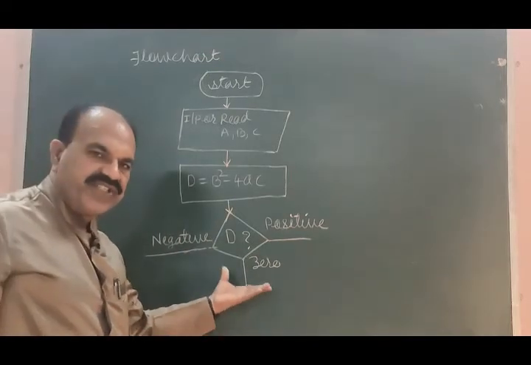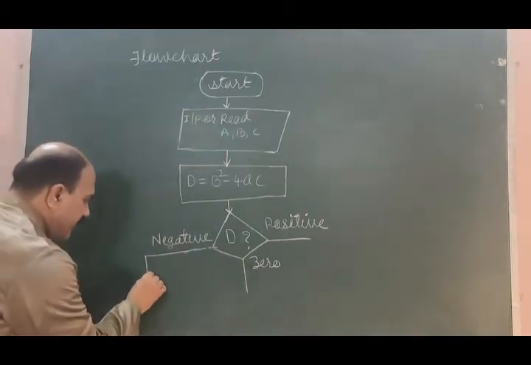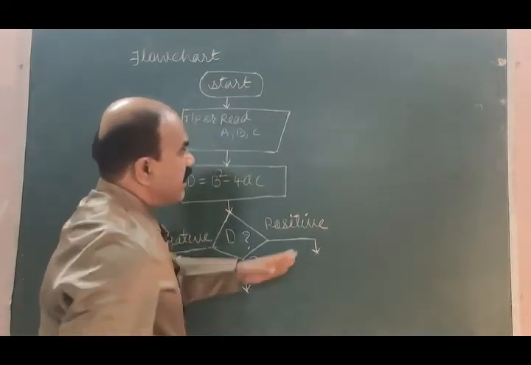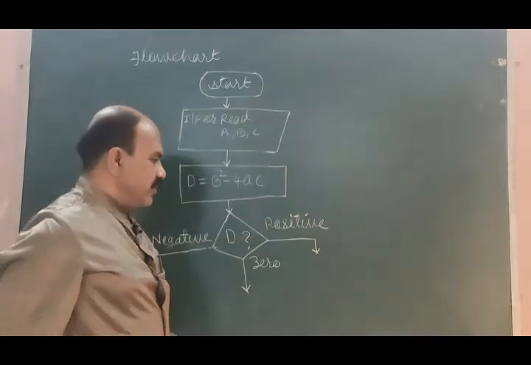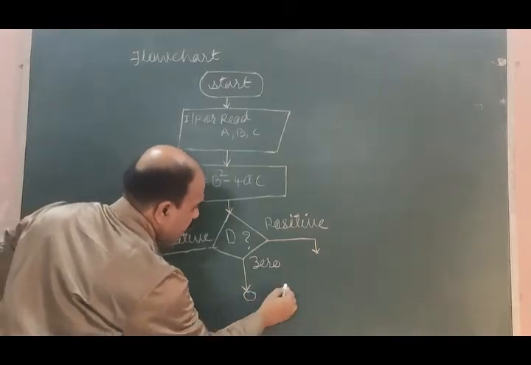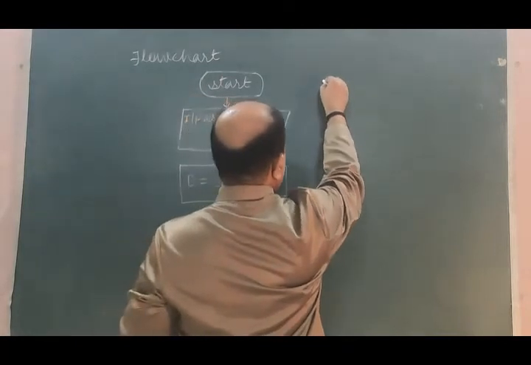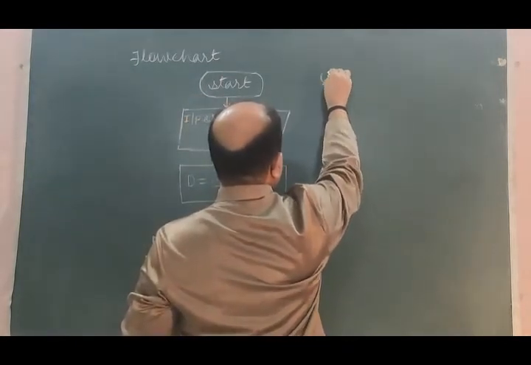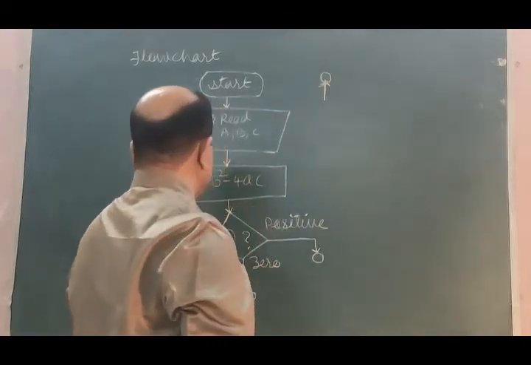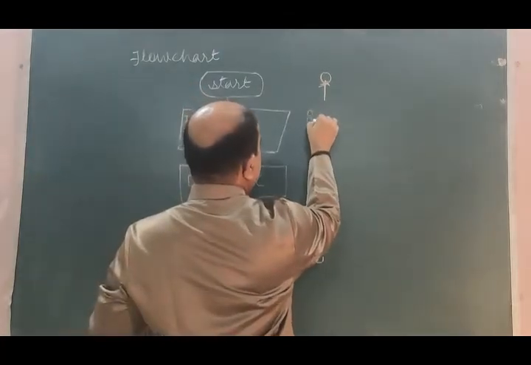There is no space here on the board, so let me take this part and this part here on this board, or you can write connector. What is D? D is negative. If D is negative, I have to go for RP.